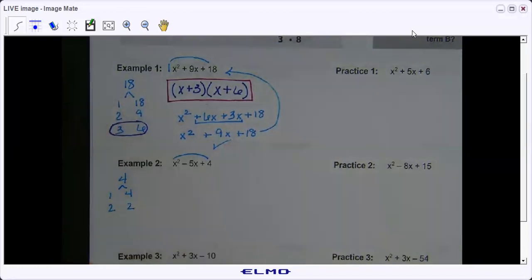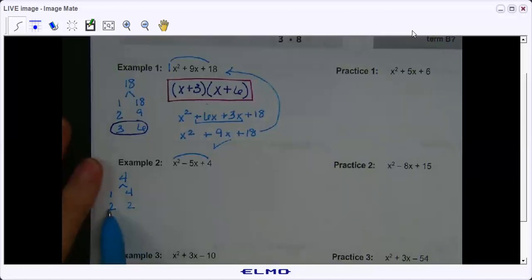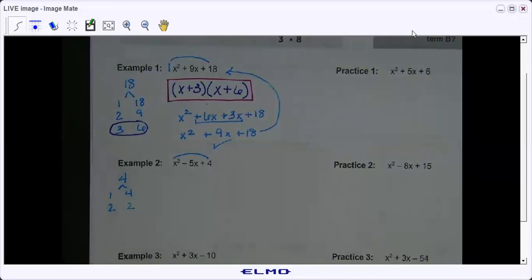So one thing that students will a lot of times miss is the factor of 1. You never want to forget the factor of 1, okay? Because sometimes you'll be working out a problem and you can't think of the right factor because you've forgotten to say, okay, well, 1 times that number, those are factors. So I know that 2 plus 2 is 4, 2 minus 2 is 0, -2 plus a -2 is a -4. None of that is going to work.